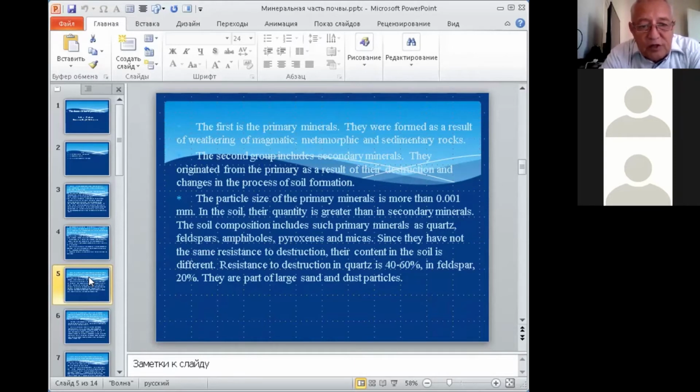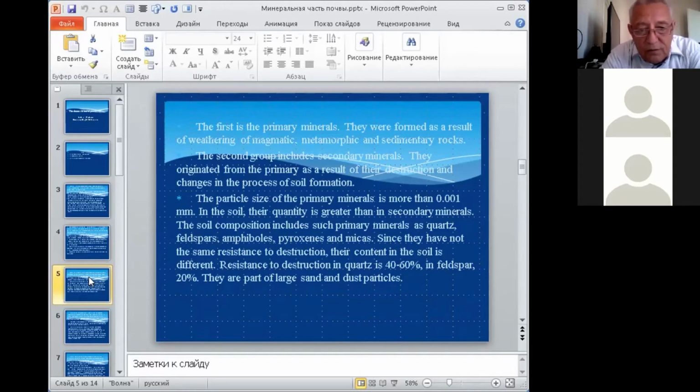The soil composition includes such primary minerals as quartz, feldspar, amphiboles, pyroxenes, and micas. Since they do not have the same resistance to destruction, their content in the soil is different. Resistance to destruction in quartz is 40–60%, in feldspar 20%.